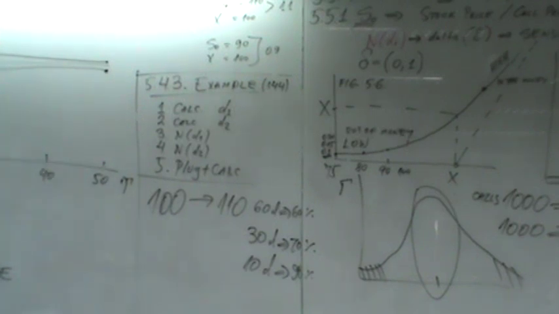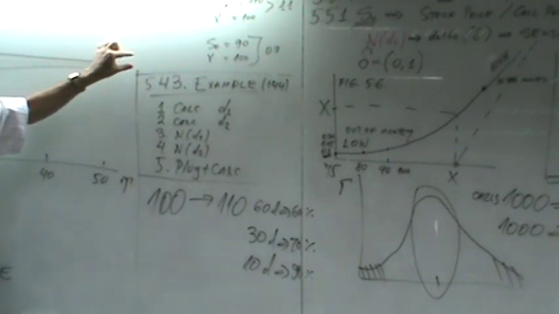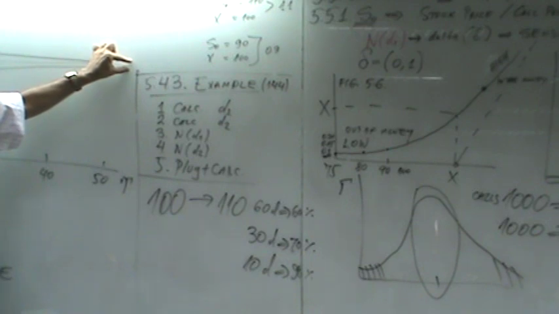Then there's 2 days left. So if you're $20 out of the money, as time gets closer and closer to expiration, your chances get smaller and smaller and smaller that you will actually end up in the money. Well, that's what it tells you. It tells you that if you're far away, chances are almost 50-50 that you're going to be in the money or out of the money.